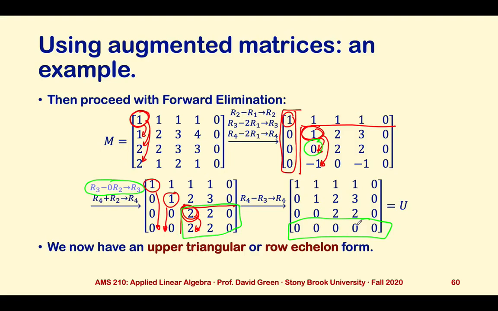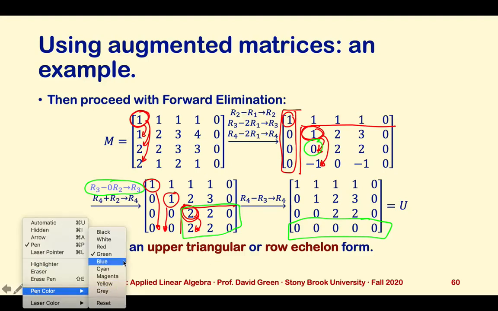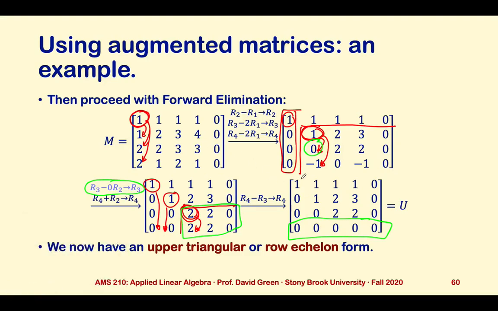Remember, the reason that the matrix has all of the information is because we have the right number of rows and the right number of columns, and we keep track of everything appropriately. So we need to leave this in here, but we're going to ignore it for everything else we need to do. Right? We have an upper triangular form, with our pivots in 3 positions, a pivot variable here, a pivot variable here, and a pivot variable here.